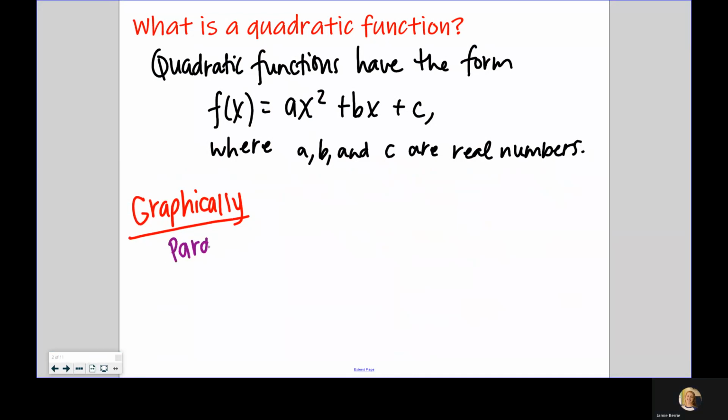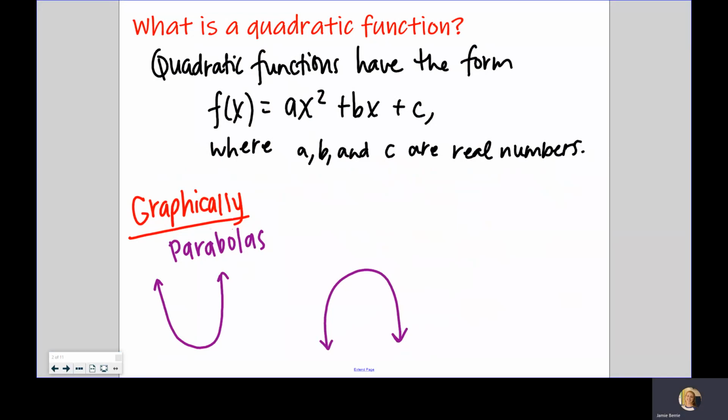Parabolas look one of two ways. First case is they could look like a U. They could also look like an upside down U. And what determines how the parabola looks is actually the value of a. Whether a is positive or negative determines whether your parabola will open up or down.